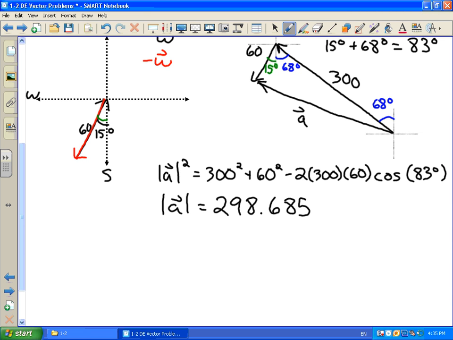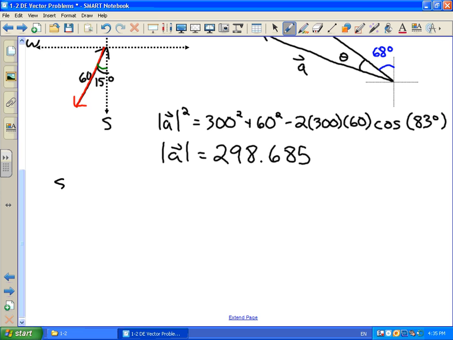Now we're going to use the sine law to figure out the heading that they need to set. A good angle to find is always the one that is inside the triangle, close to the tail of the vector we're trying to find. So we'll try to find that one right in there. We'll call that theta.